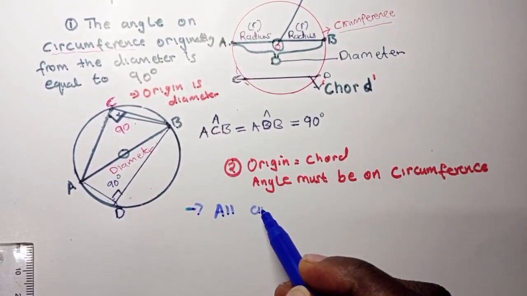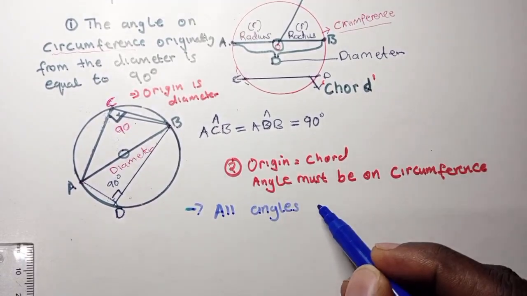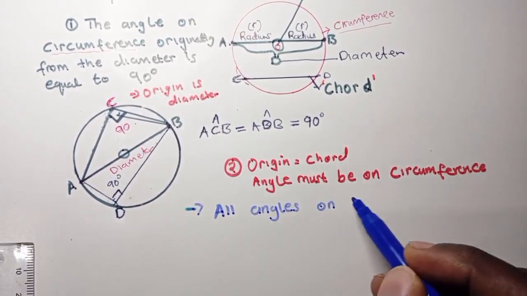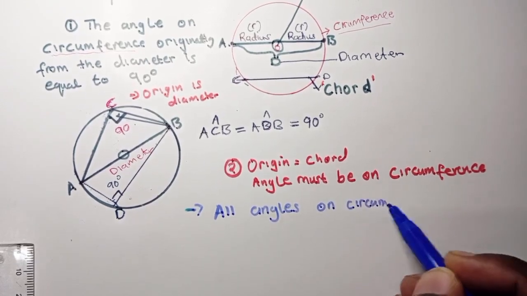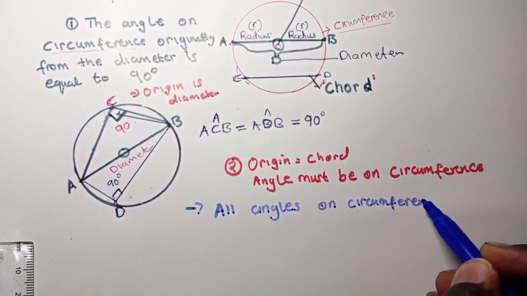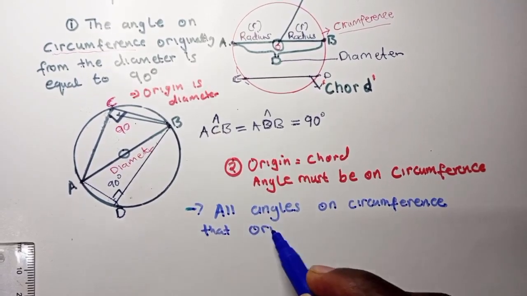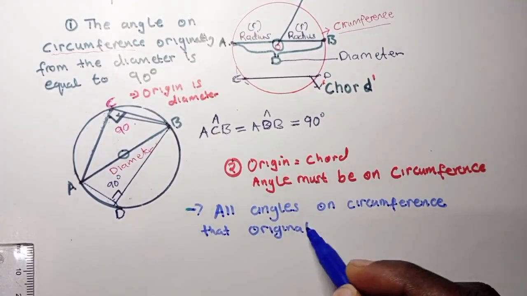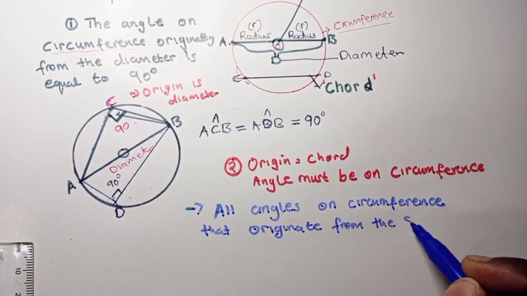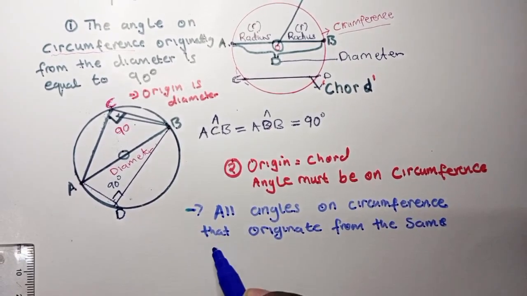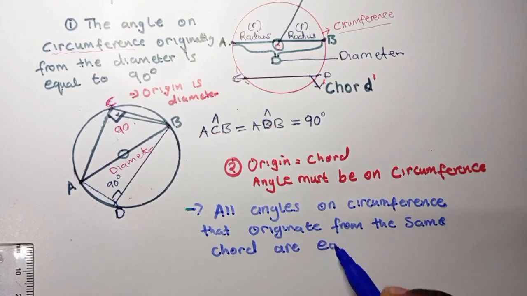all angles on the circumference that originate from the same chord are equal.